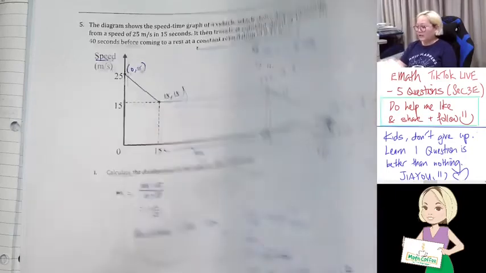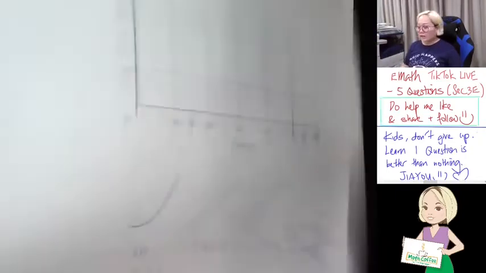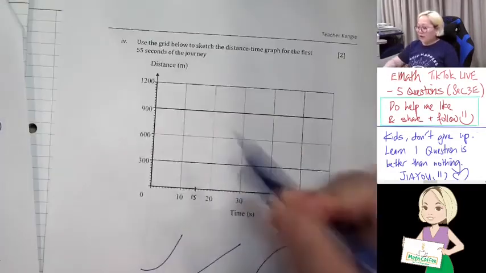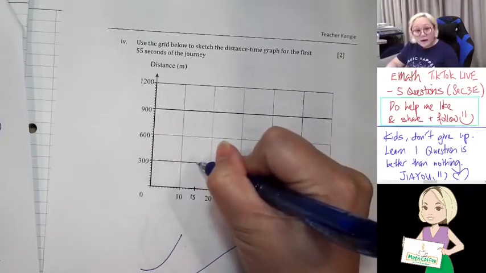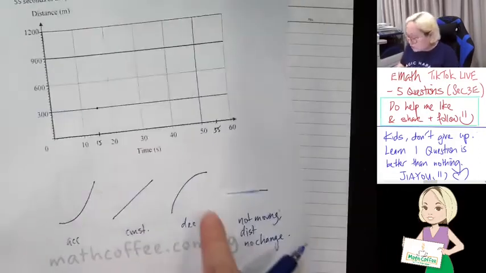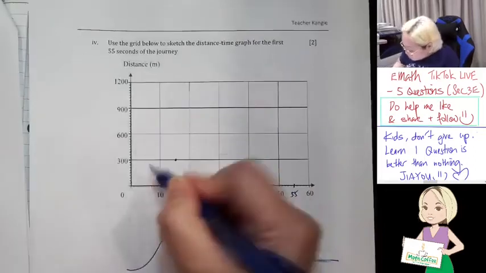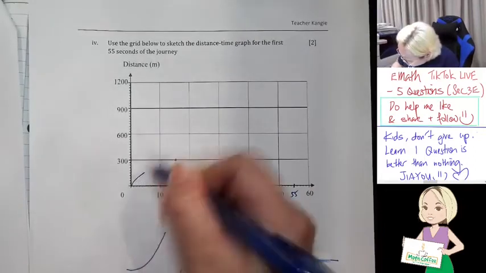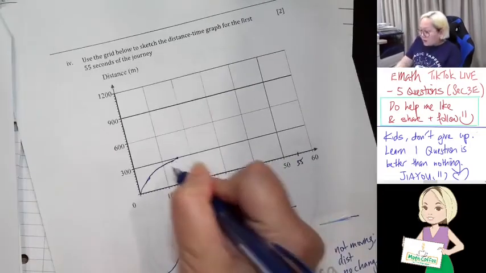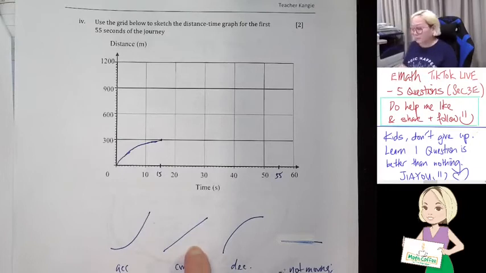So if it's decelerating, I need to do this shape, right? And next is from 0, and then I know that it's 300. So you will go to here, mark out the 300, and then make sure you draw out the shape of this one. Make sure you show the curve, like that. How curvy, it doesn't matter. Important is it mustn't look like a straight line, understand?